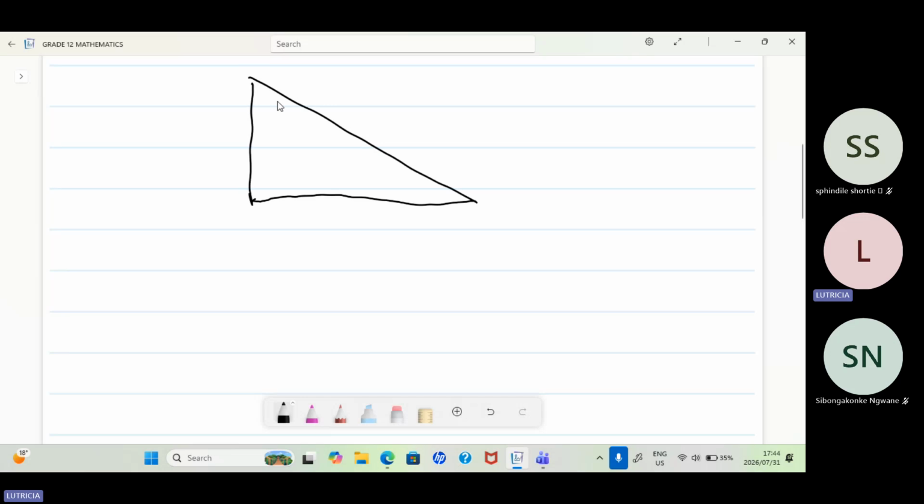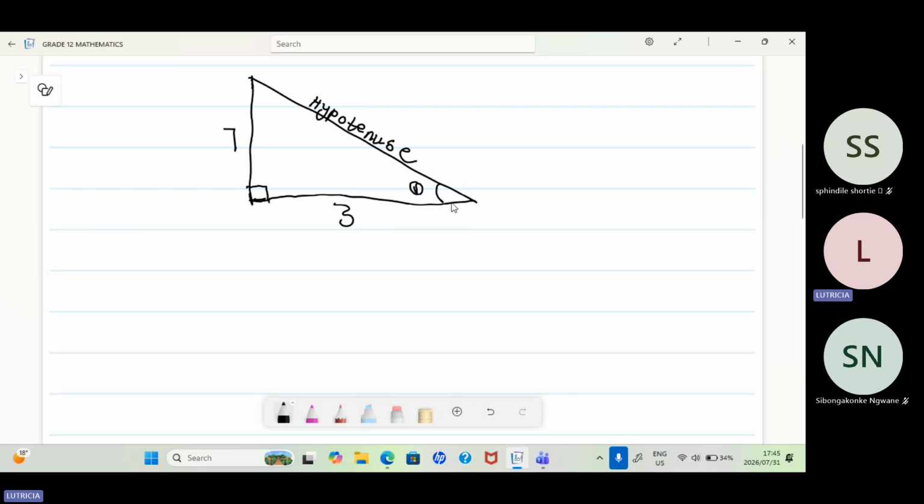So looking at the right angled triangle, let's say this was our theta. We always know that the hypotenuse is the longest side of the triangle, which is going to be this side. This is our hypotenuse. Let's say here the length of the side was a 7 and the length of this side was a 3, and then you're asked to find the value of sine theta.